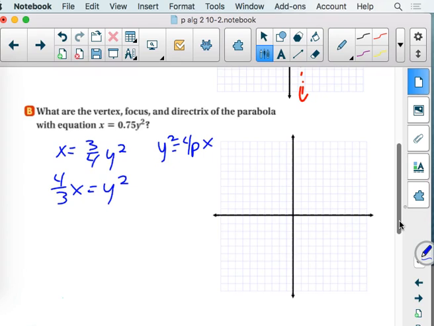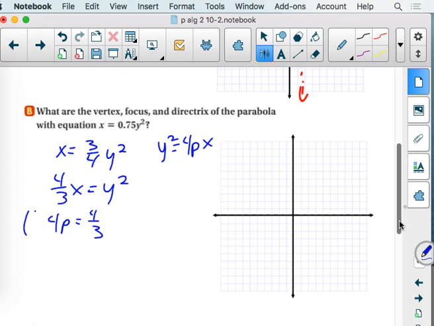Looks like so. Okay. Well, here's what I know. This has to give me 4p. Has to. So how do I find p, which is that distance from the vertex to the focus? Divide by 4? Yeah, it's a fraction.